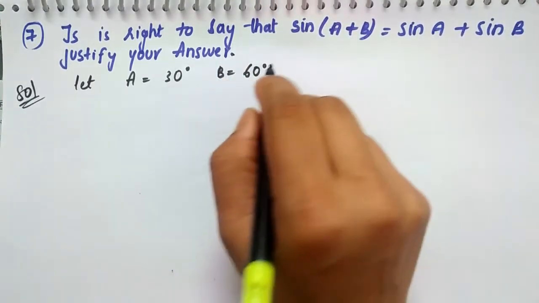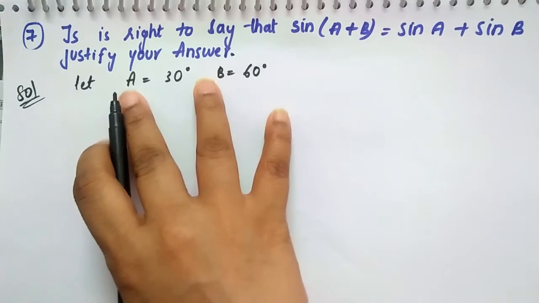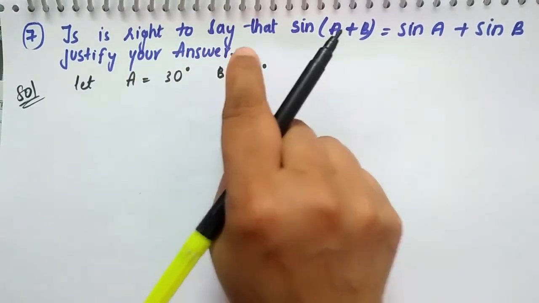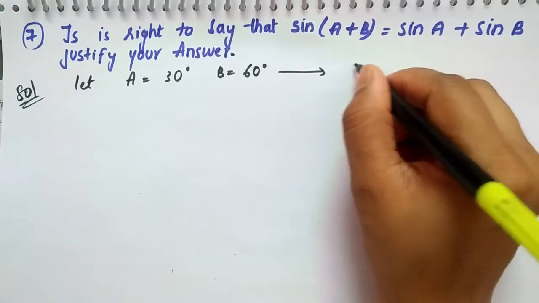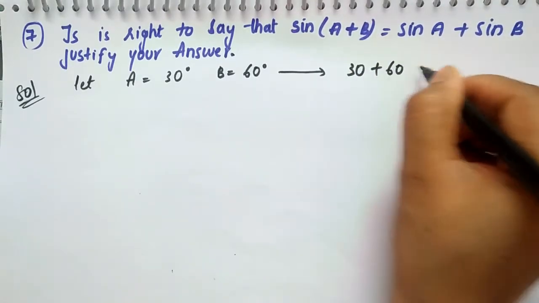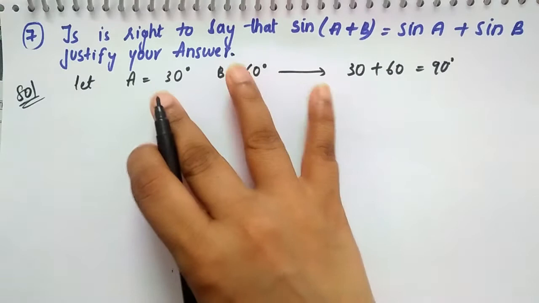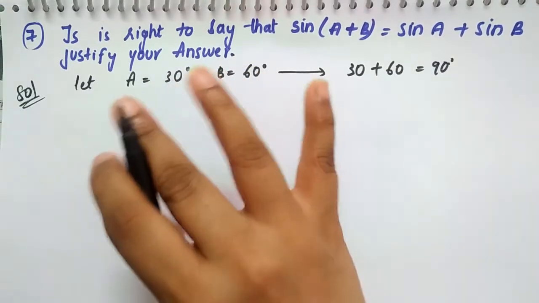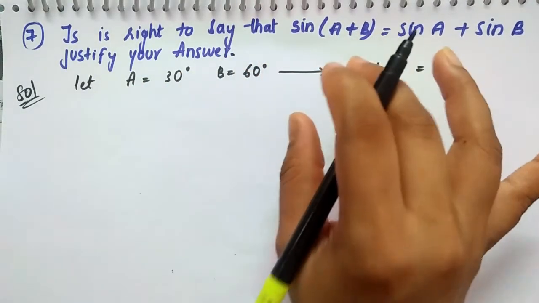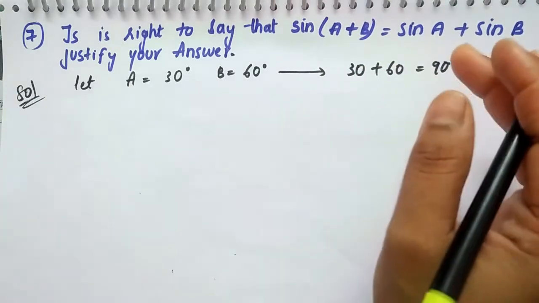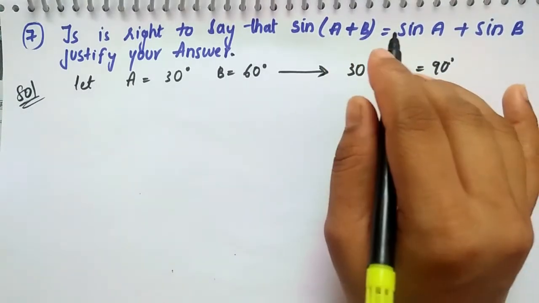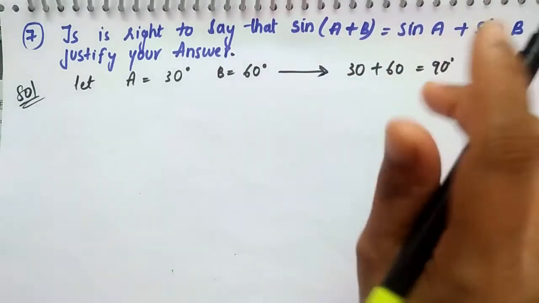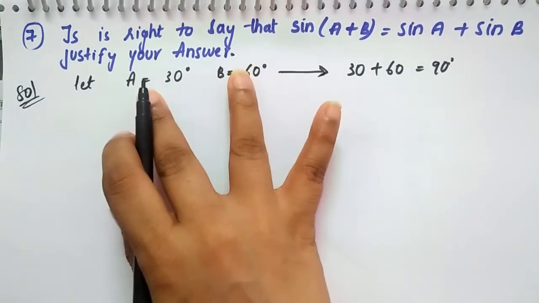Whatever you take as A and B, they should total 90 degrees. 30 plus 60 is 90 degrees. In the exam, you don't need to remember that you must take A as 30 and B as 60 always. I'm not asking you to mug it up.